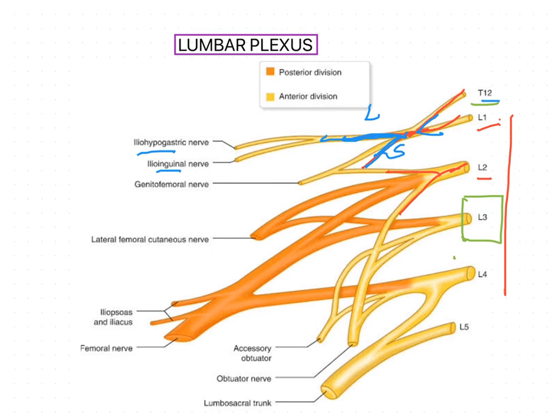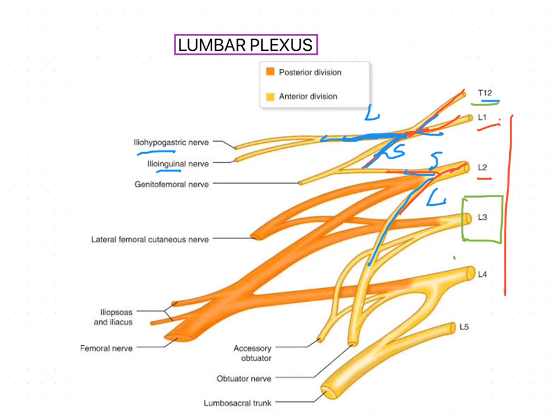Now we will move on to L2. In L2 also we have the upper division and lower division. Here a slight difference is there: the upper division is smaller and the lower division is larger. If you see the course also, the lower division is somewhat bigger than the upper division.